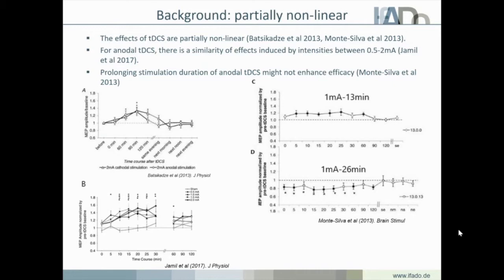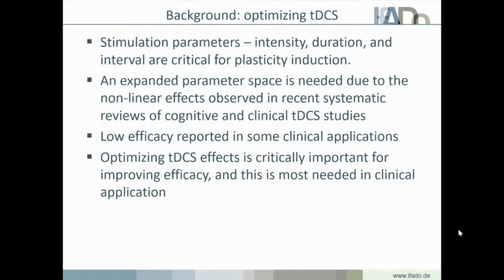And of course, how best do we optimize the tDCS parameters, so as to know exactly at which point the stimulation converts from enhancement to a diminution. In cognitive studies, and most importantly in clinical studies, we need to be sure about the efficacy of our stimulation protocols. And recent reviews in some clinical studies have shown low efficacy of some tDCS parameters.